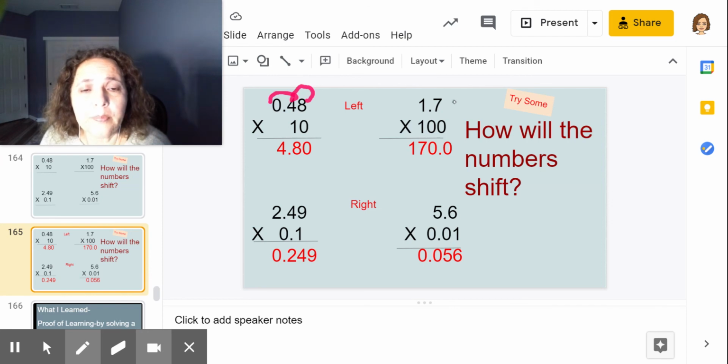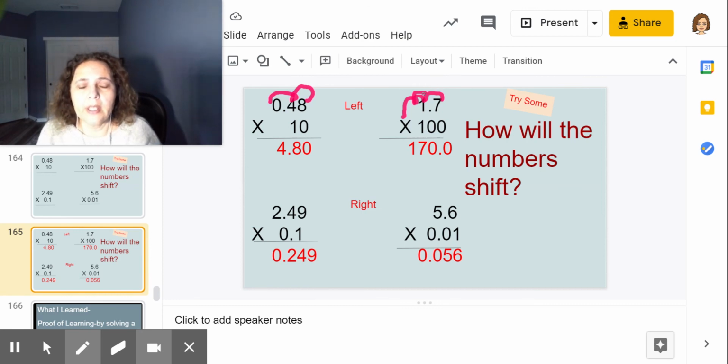It moved over 2 places, right? The 1 moved over 1, 2, and the 7 moved over 1, 2, and that gave me the 170. Now, when I multiply by a 10th or 100th, notice it became smaller, right? Because I'm taking a part of a part. So I just did 249 times 1, which is 249.